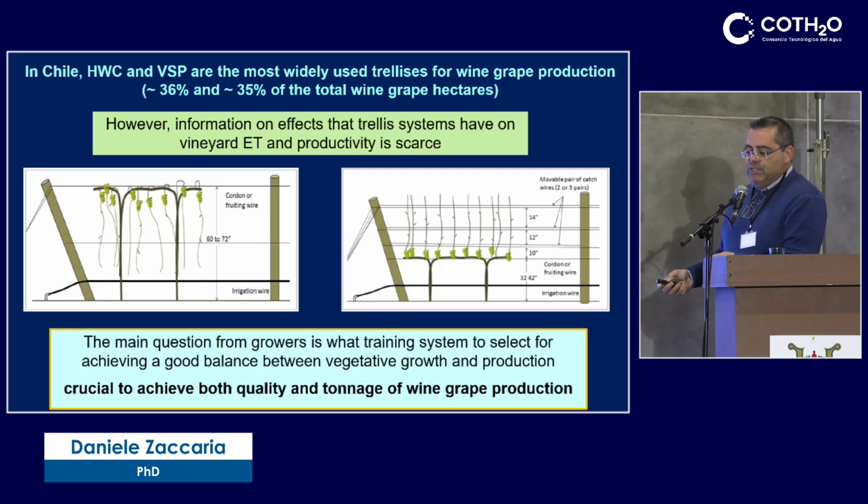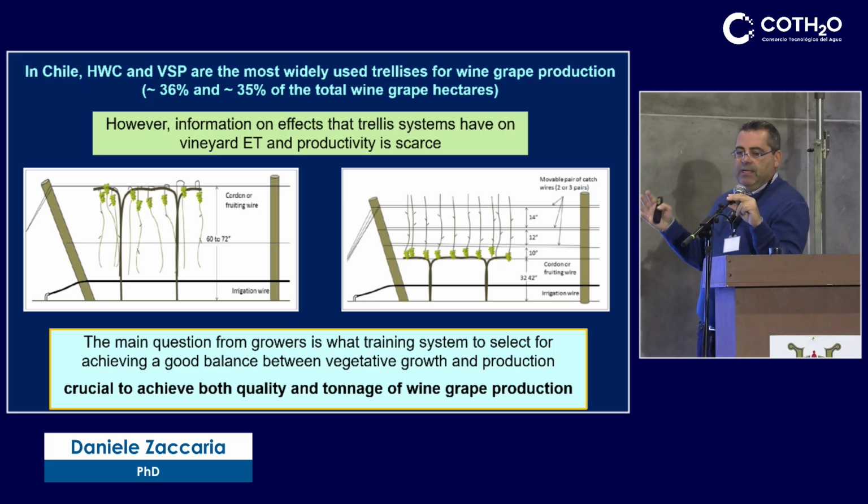So the main question from the growers, at that point when we started, I think we started in 2017 with this project, is what trellis to choose, given that Chile was experiencing recurring droughts. And so under drought and under well-watered conditions, which one is more convenient, regardless of the fact that high wire cordon is very interesting to growers because of the mechanization.